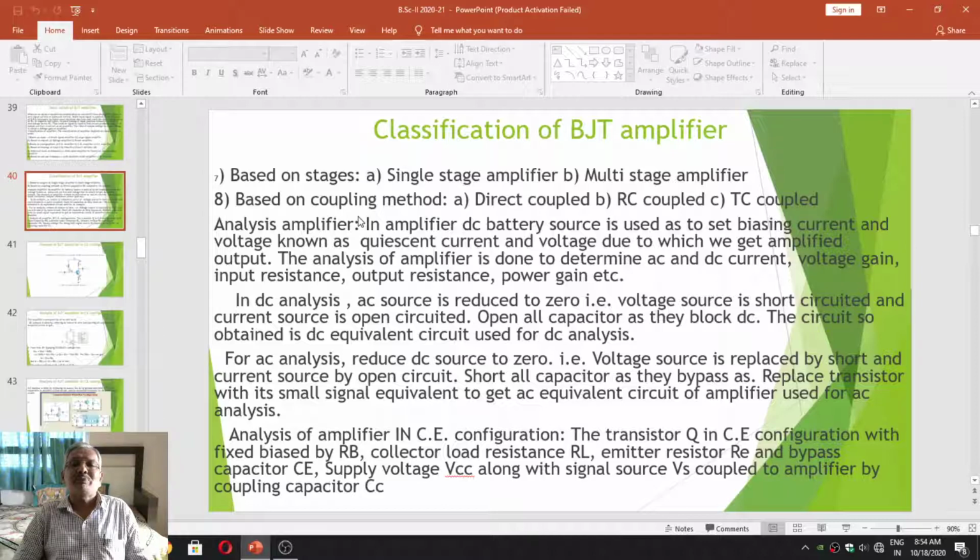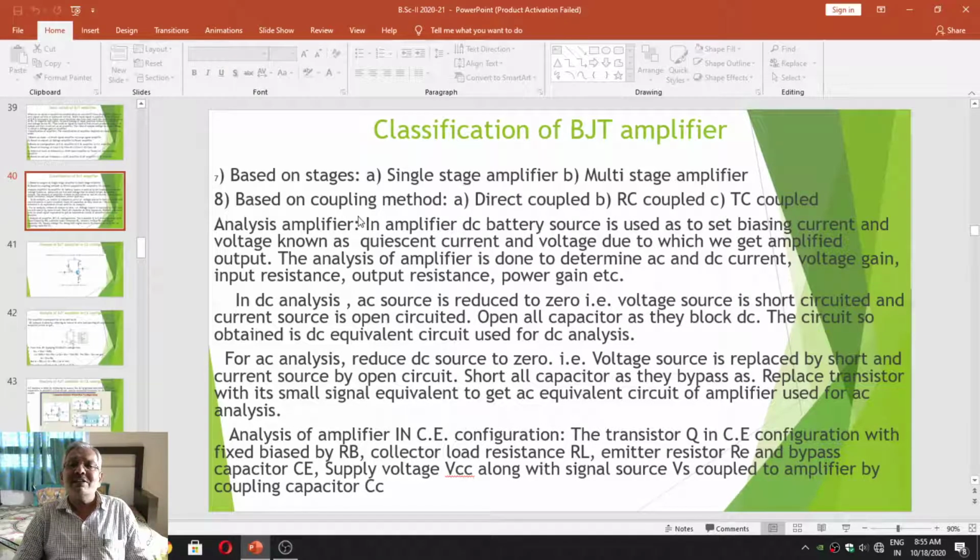Basically, in an amplifier, biasing power supply is connected, and by choosing a necessary biasing method, one can set a proper magnitude of currents and voltages which is going to make the operating point stable in the center of the load line in the active region of the output characteristic curve.